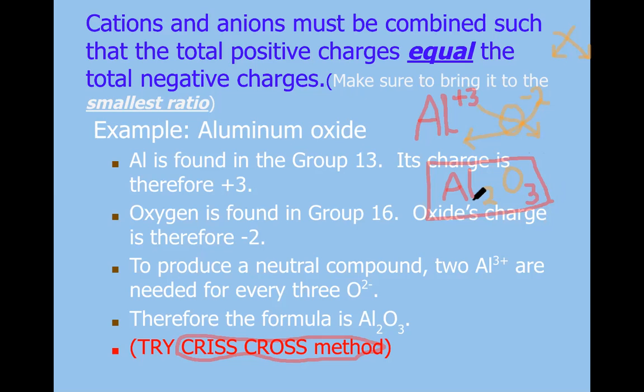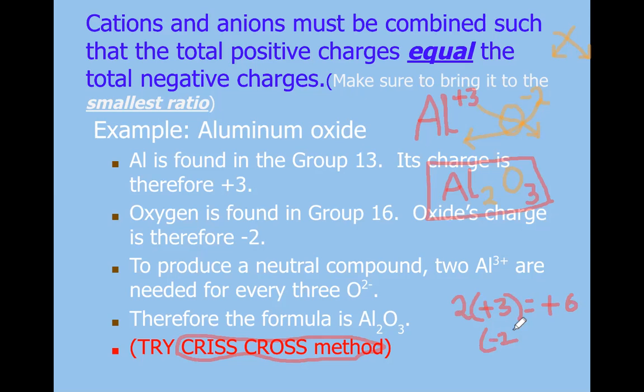See, aluminum. So there are 2 aluminum, right? So 2 aluminum. One aluminum is positive 3. So how much is 2 aluminum atoms? Positive 6. That is right. Together, I'm just putting together. Then one oxygen is -2. We know that.